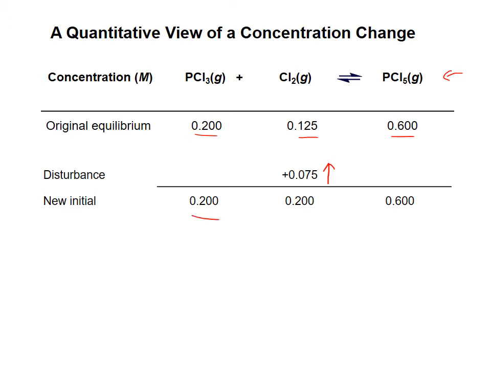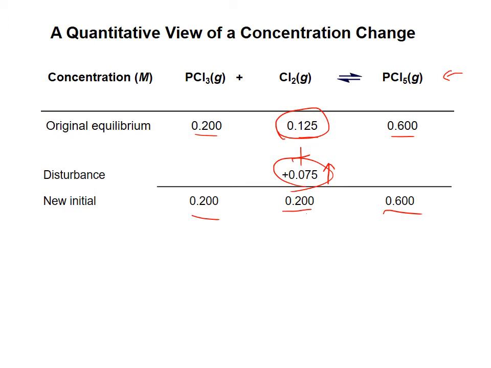Phosphorus trichloride is still 0.2, but the chlorine becomes 0.2 because 0.125 plus this disturbance, which you added. So the new concentration becomes 0.2 and the product is still 0.6.